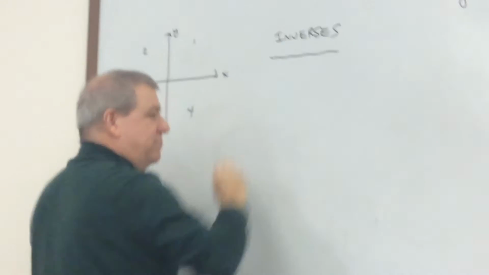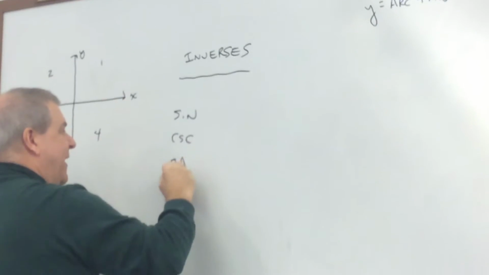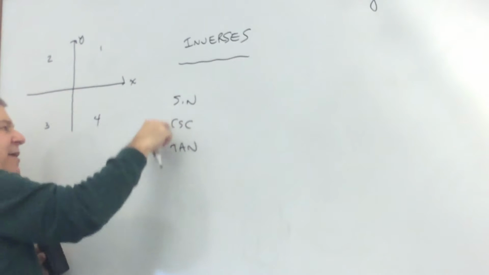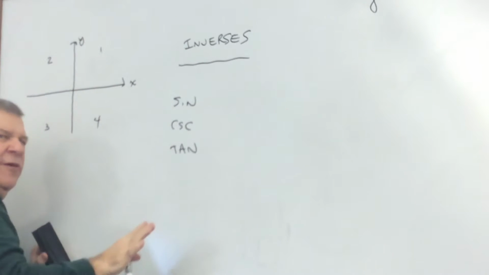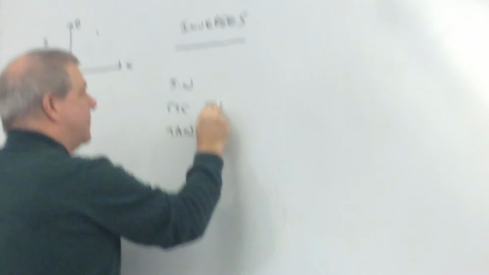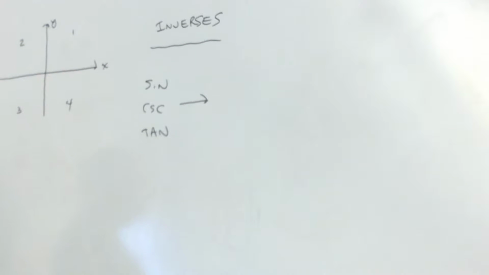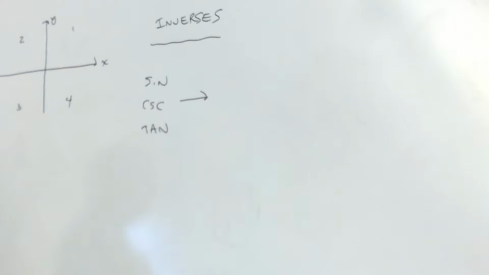If you have sine, cosecant, or tangent. Now, sine and cosecant, those are reciprocals, right? So they're going to go together. Or tangent, where's the only place those answers could be for inverses? You could look on the handout if you have to.